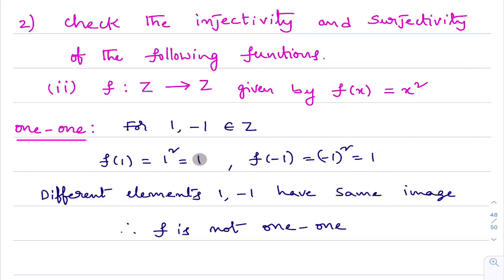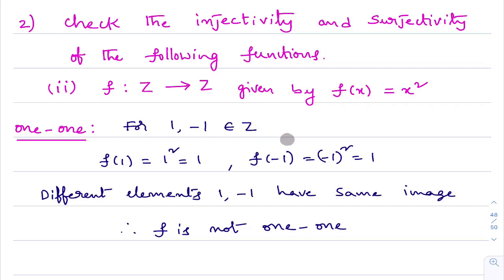Try to understand. Not only for 1 and minus 1, you can take 2 and minus 2 also. 2 and minus 2, both are integers. When you calculate f of 2, you will get 4, since 2 square is 4. f of minus 2, minus 2 whole square, is also 4. That means 2 and minus 2 are different elements, but they have the same image.